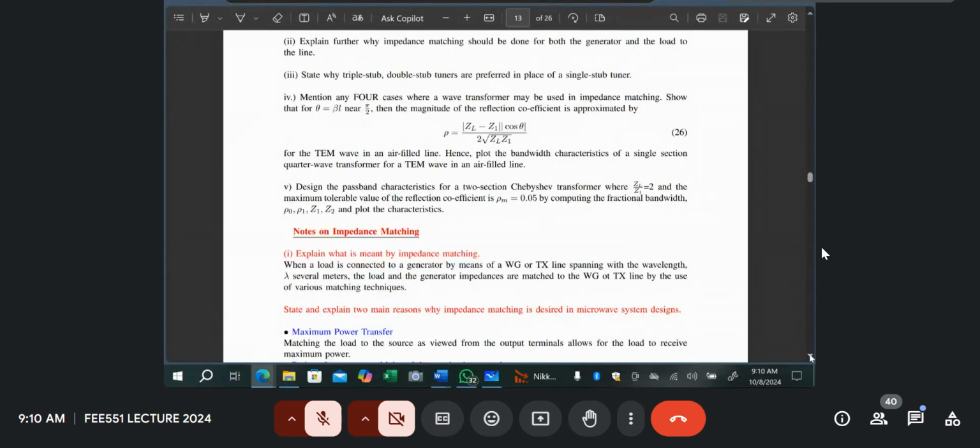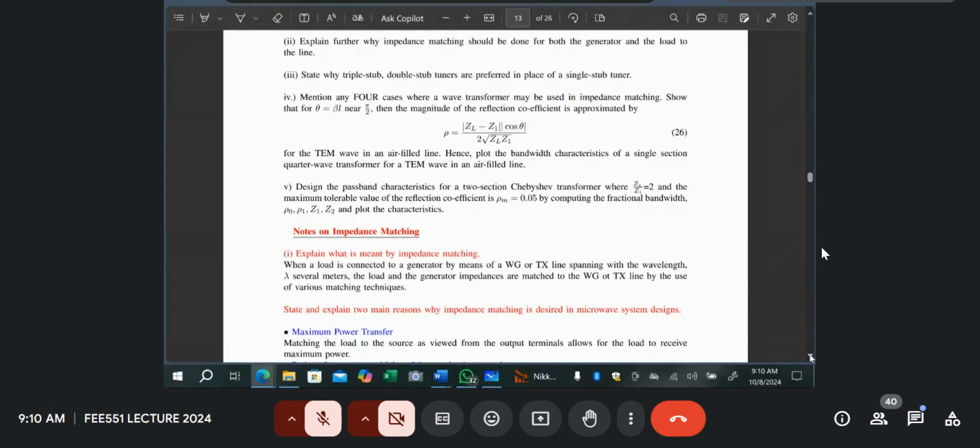Then we have number 5 here: design the passband characteristics of a two-section Chebyshev transformer, and you're given Z over Z1 or Z0, which is 2. The maximum tolerable value of reflection coefficient is 0.05.